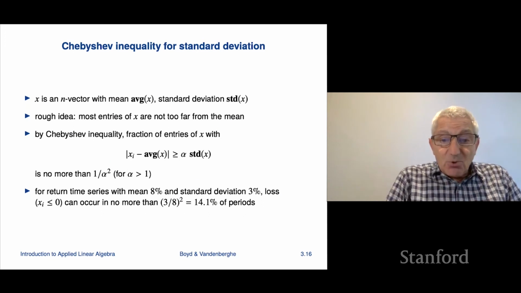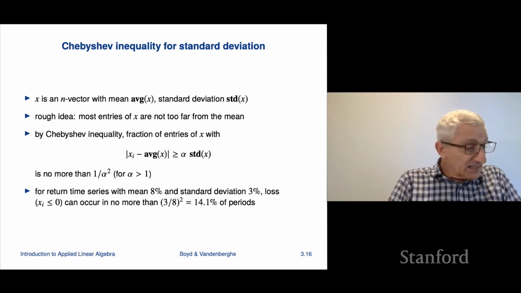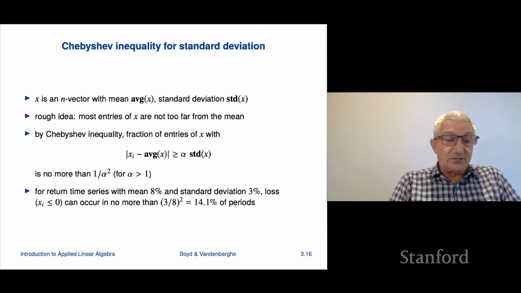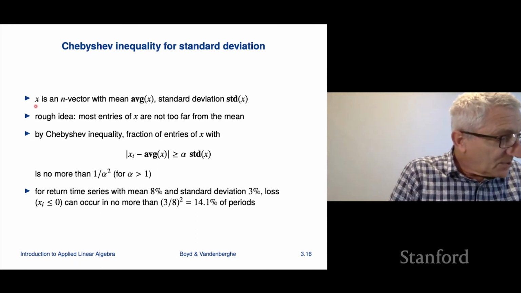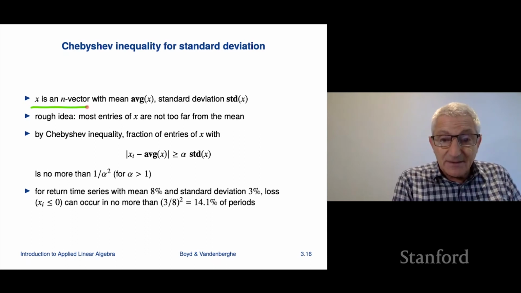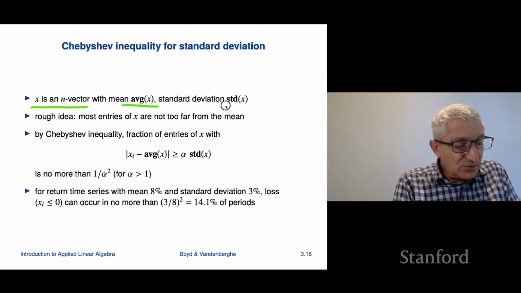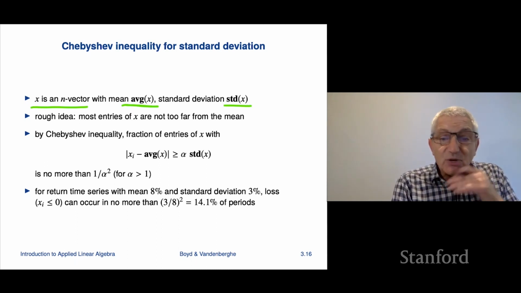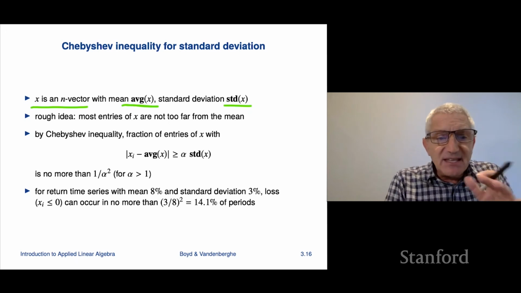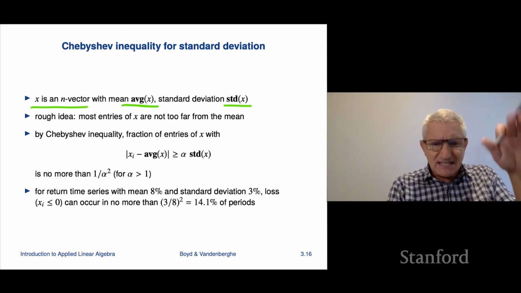So the Chebychev inequality can be transposed to talk about standard deviation. And there, it's very interesting, and this is something you should just remember, period. This is the right way to remember the Chebychev inequality, in my opinion. Suppose you have an n-vector x. It's got an average, which is the average of x, and a standard deviation, which is the standard deviation of x. The rough idea is that the average of x is sort of the middle point, a typical value.